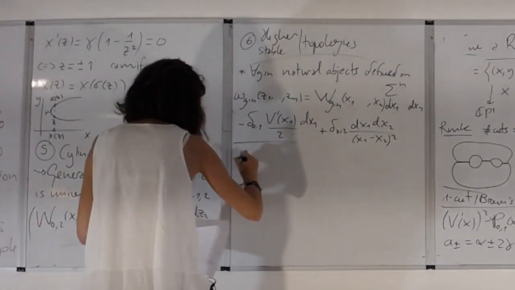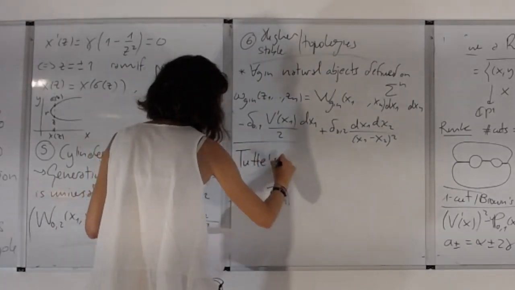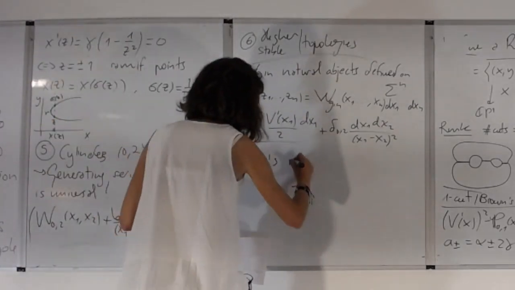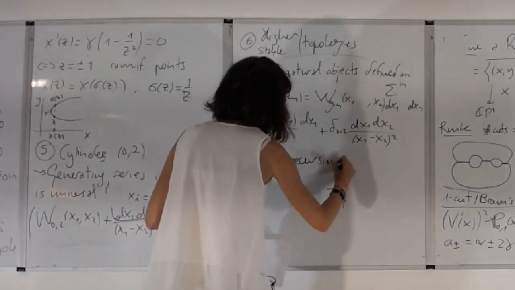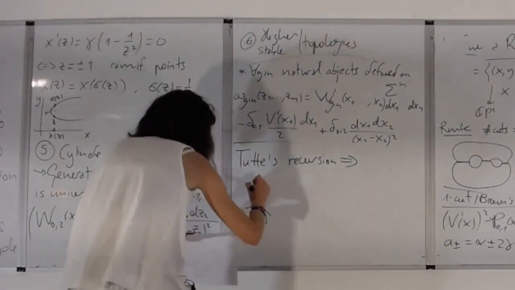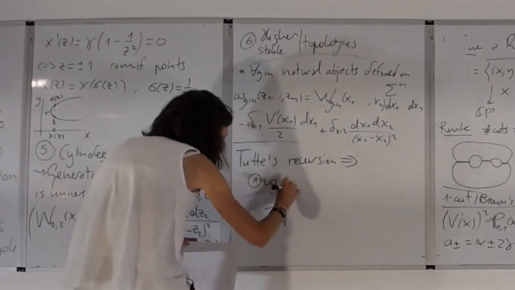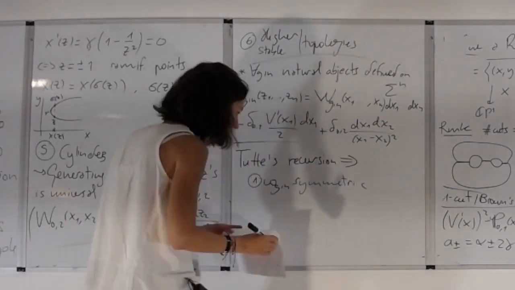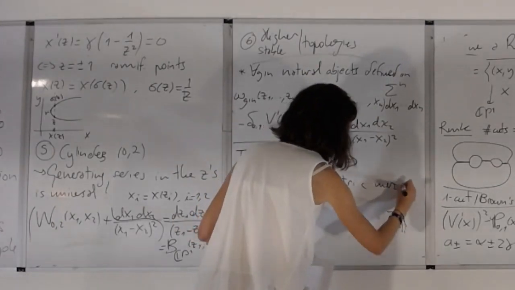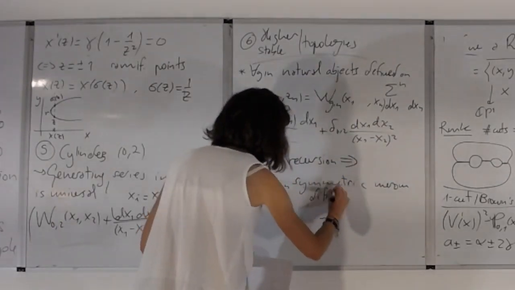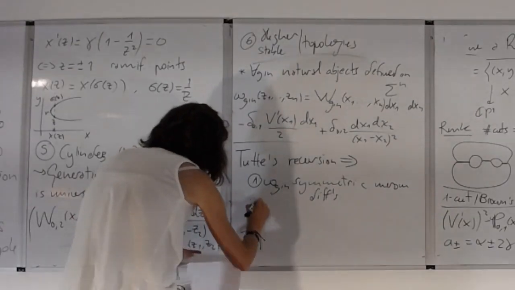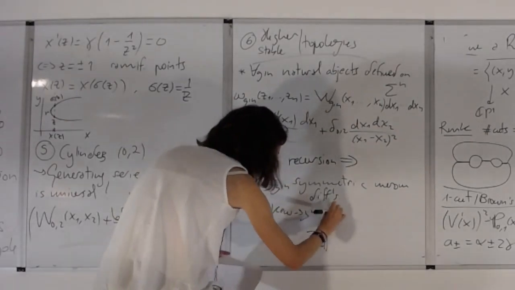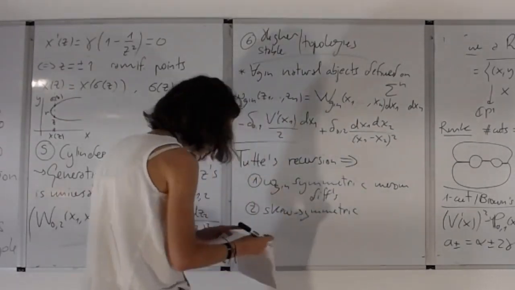Yes, so now I will state some things that you can get from topological recursion, and that I will use to prove the topological recursion. So topological recursion implies that the omega g, n's are symmetric. They are symmetric meromorphic differentials. That they are skew symmetric. This you can get by induction on the topologies.